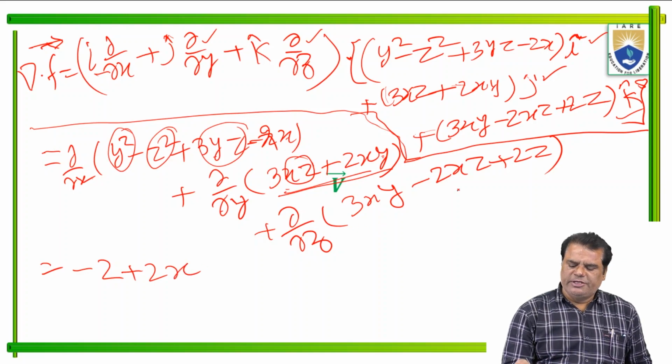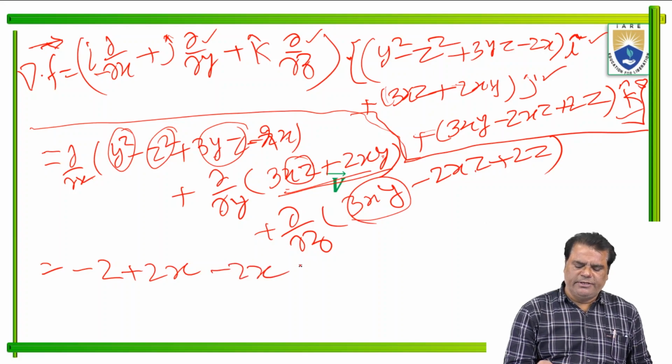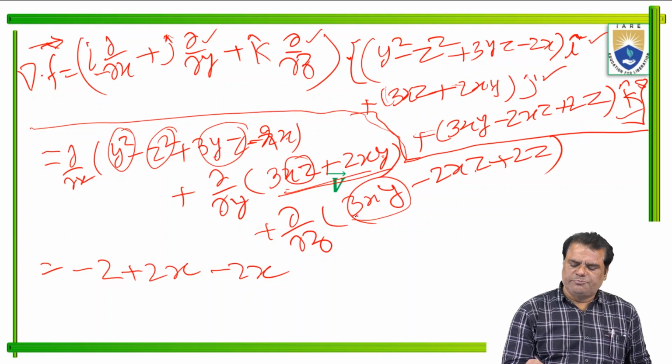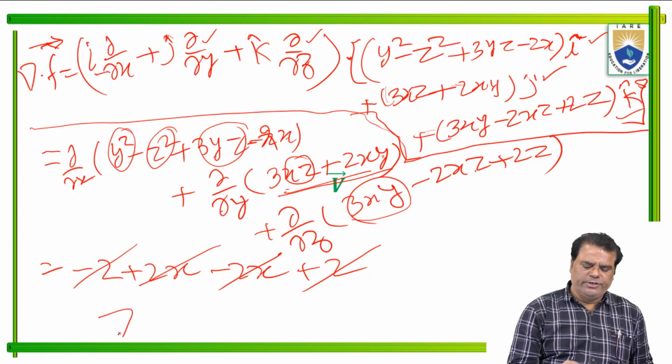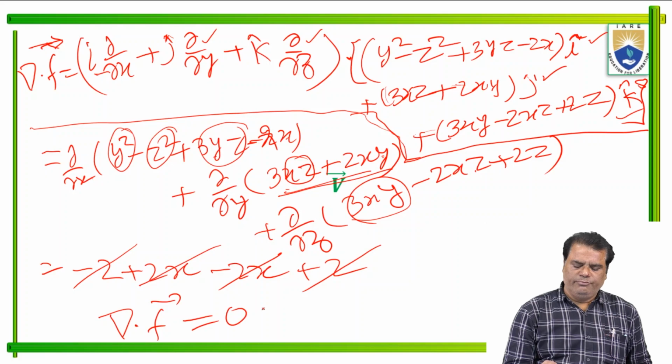Differentiating with respect to z, 3xy is constant, so minus 2x, and plus 2. So the 2 cancels this 2, and 2x cancels this 2x. So del dot f vector is 0, which means the divergence of f is 0.